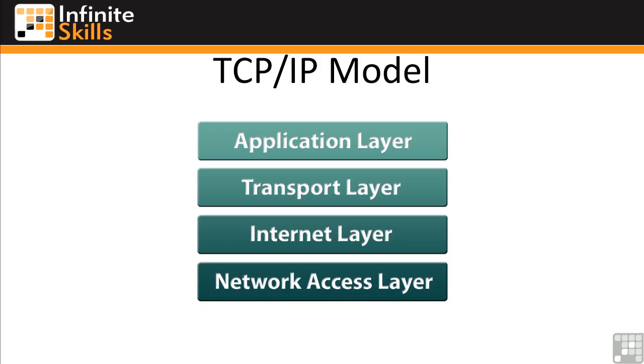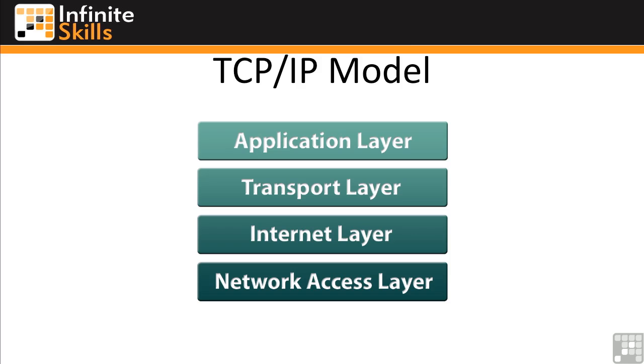Again, we go back to the model here, and you'll see there are 4 layers. So the network access layer actually takes up the lower 2 layers of the OSI model. The application layer takes the top 3 layers of the OSI model. It's not like they took the functionality and just discarded it with the TCP IP model. What they said was, we don't really feel that this needs to be broken out into its own individual layer.